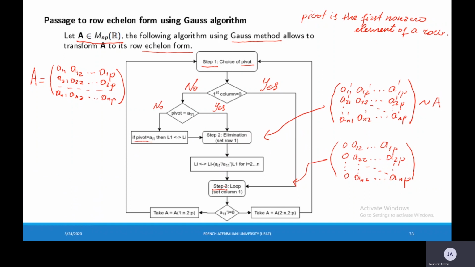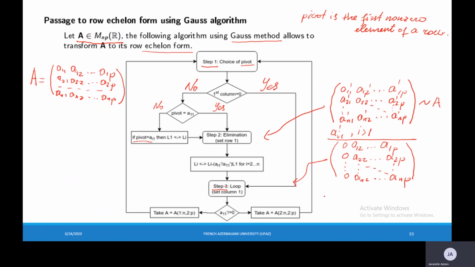In step 2, our input will be this matrix. We don't touch the first row, and we use the pivot A11 prime to eliminate all terms Ai1 prime, where i is greater than 1. To do this, we use this elementary operation.